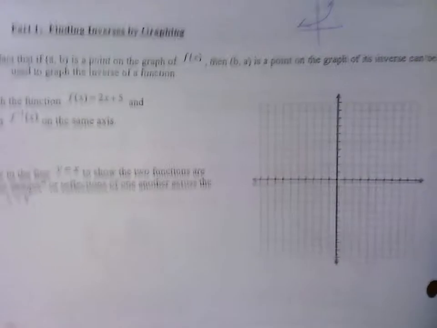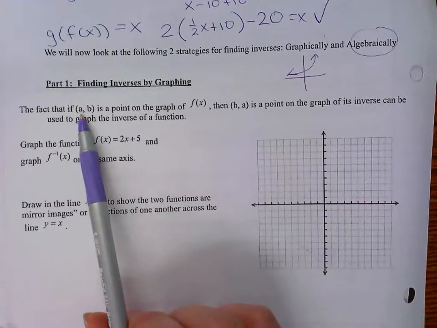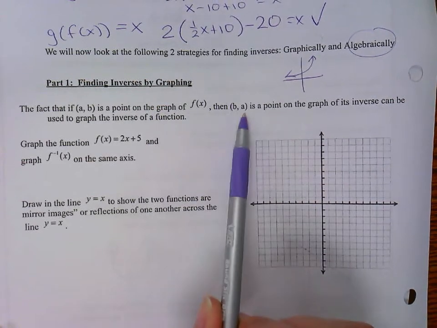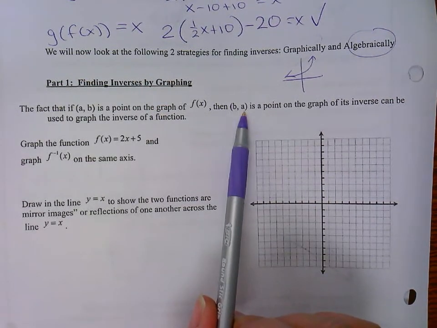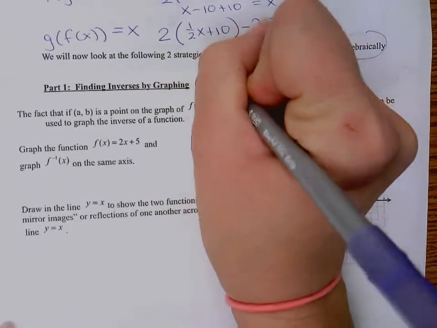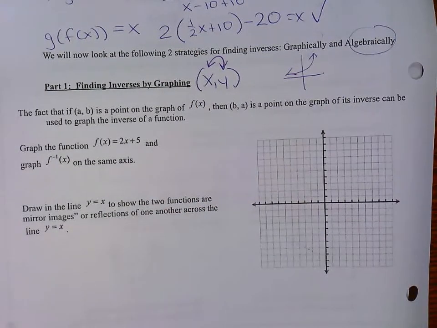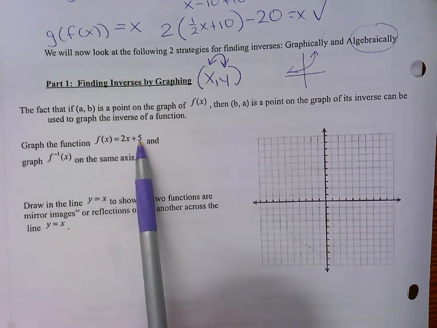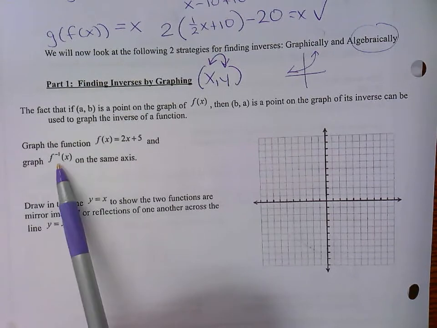So this just says we know that a comma b on the original graph will become b comma a on the inverse. All you're doing is switching x and y. That's all an inverse does. So it says, let's graph the first function, 2x plus 5, and then graph its inverse on the same axis.